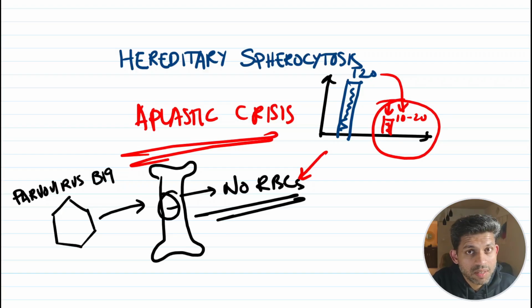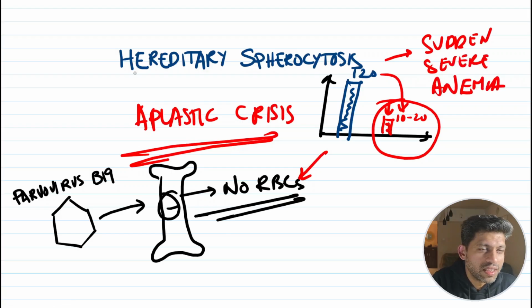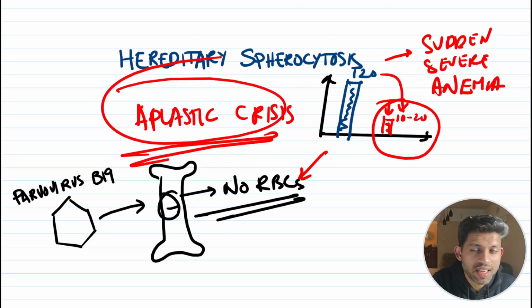So there comes a crisis period where there are no new RBCs and all the old RBCs are destroyed. This leads to a sudden severe anemia. This is aplastic crisis which occurs in hereditary spherocytosis.